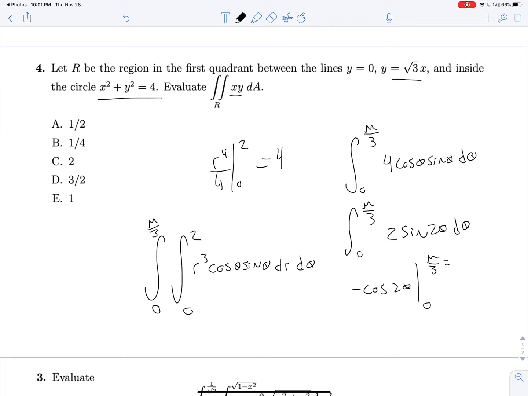Well, the cosine of 2 pi over 3 is going to be negative 1/2, and combining that with the negative that we already have out here, that's going to give us 1/2. And then over here, the negative cosine of 0 is going to be negative 1, so our answer is 3/2.